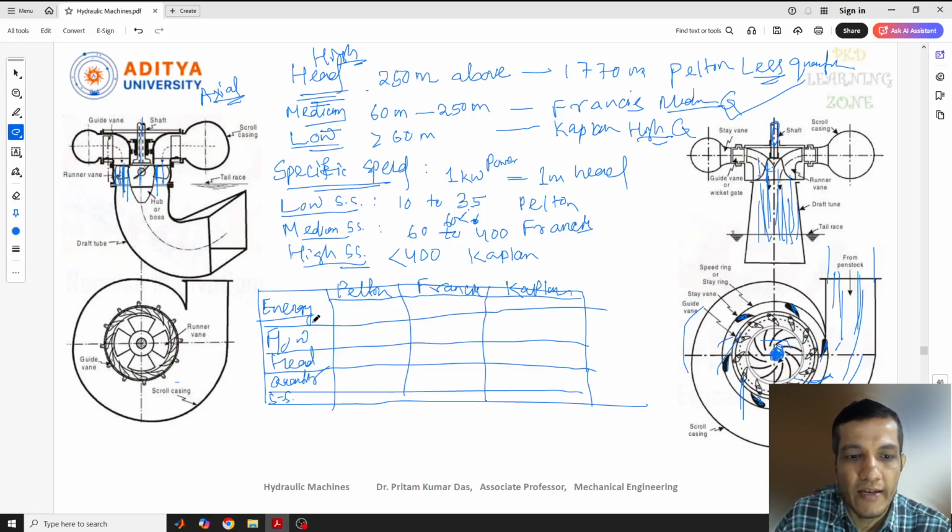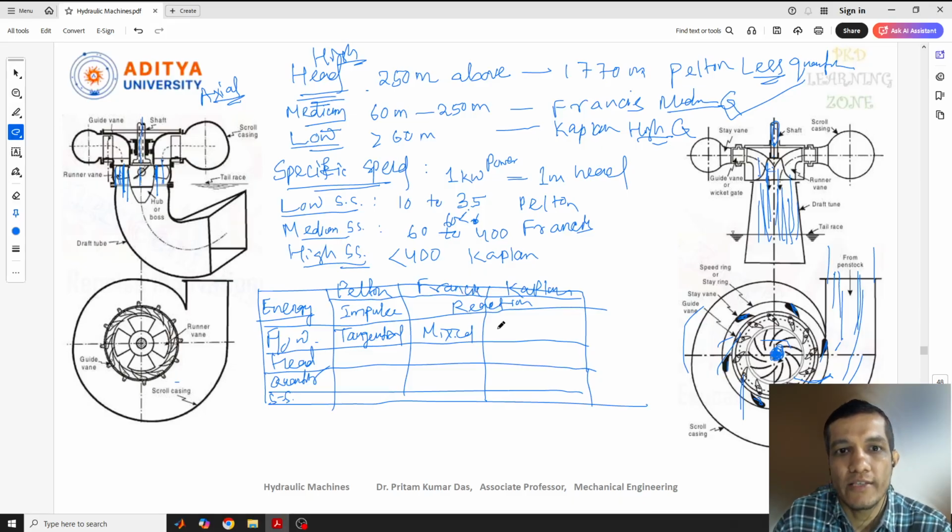As per the inlet energy, Pelton comes under impulse turbine, and these two come under reaction turbine. According to the flow, Pelton is tangential flow, and Francis comes under mixed flow. Even Francis has two types, the old Francis turbine and the modern Francis turbine. Kaplan is axial.